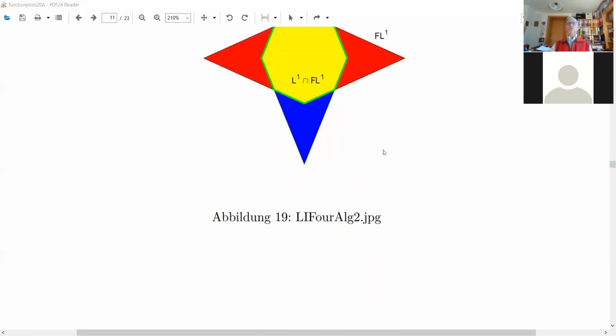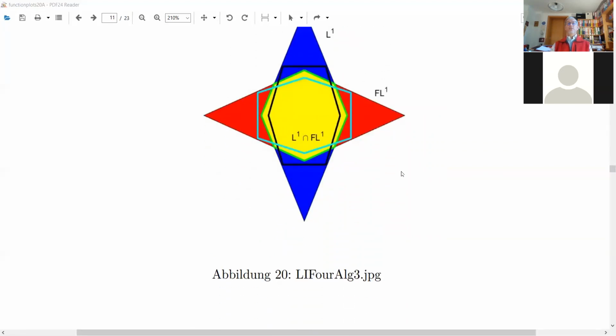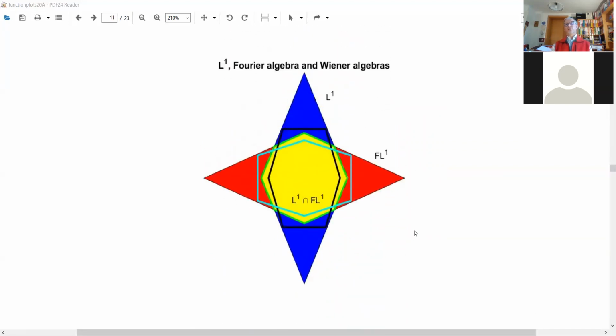Now, this is just another picture of the same situation. I will tell you, and maybe that's the beginning of the next lesson, that in some areas it's better to use the Wiener algebra, a subspace of the green, both the integrable functions and the bounded functions.